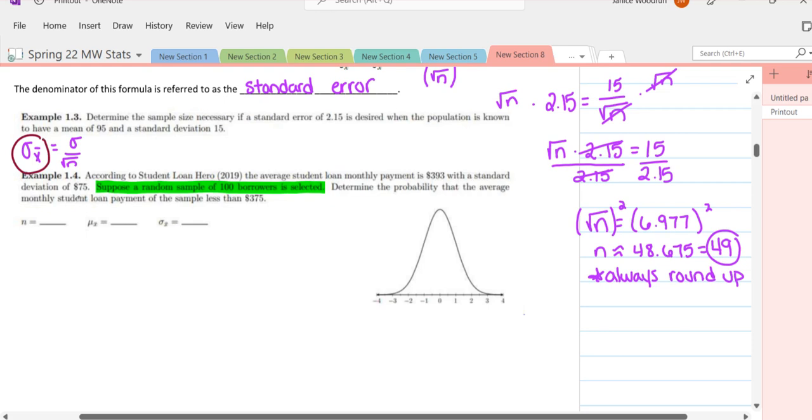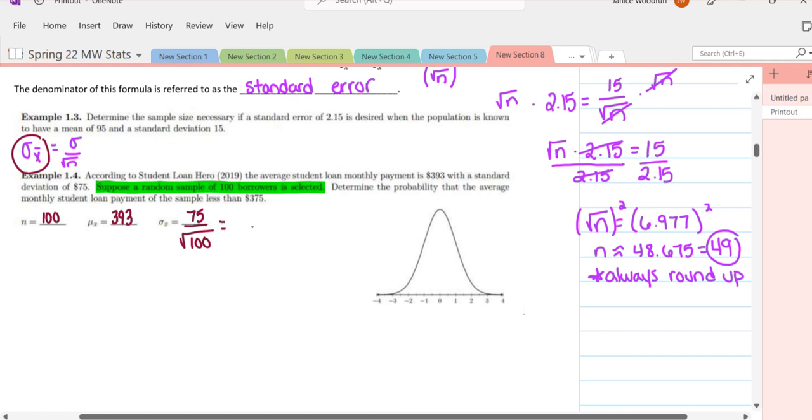Okay, so here what you're given is a sample size of 100. You have a mean of 393, and then you have a standard deviation of the sample, which would be the standard deviation of the population, 75, divided by the square root of the sample size, which is 100.